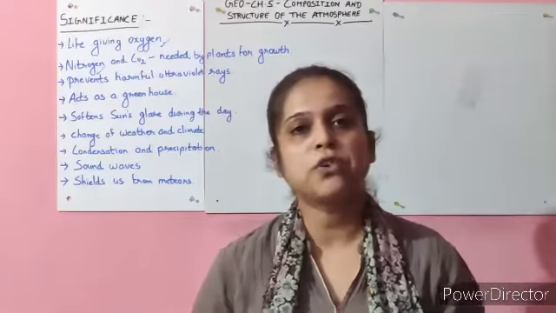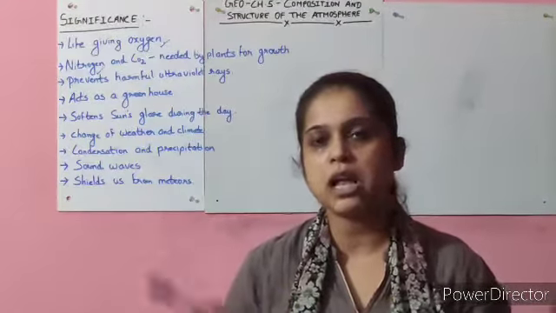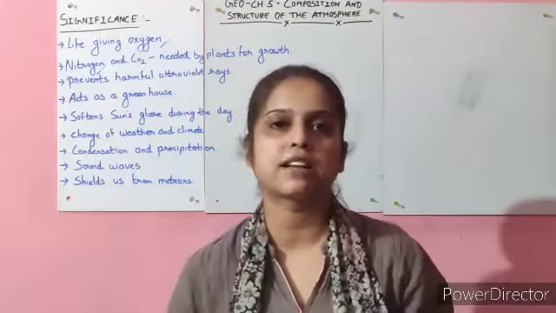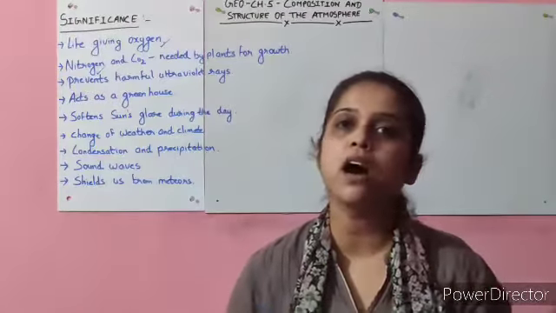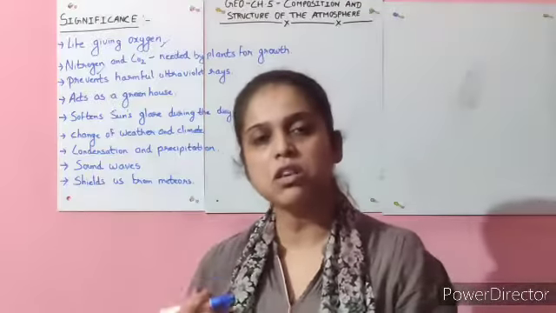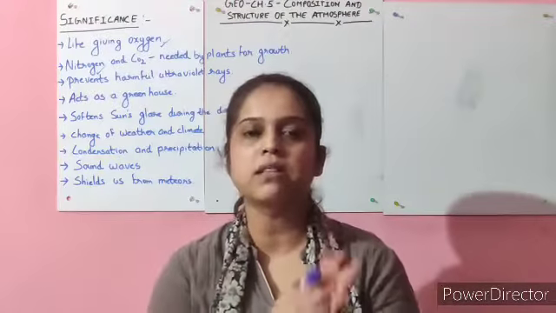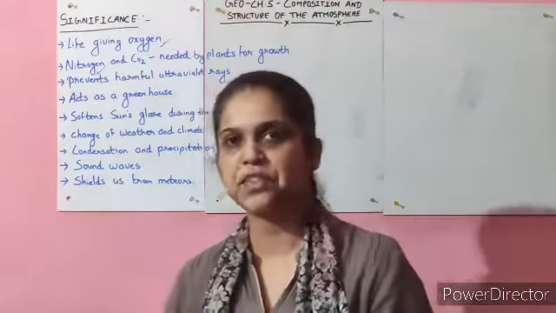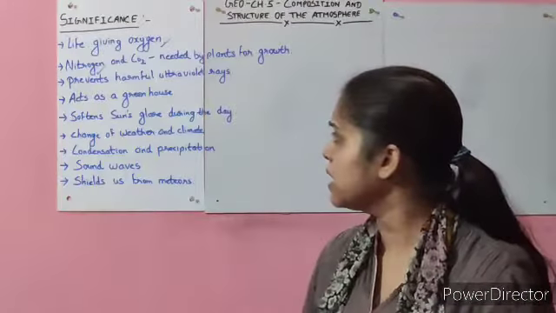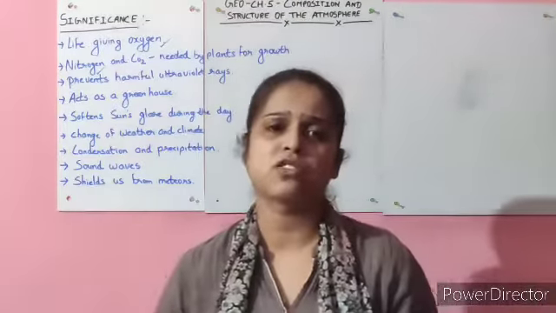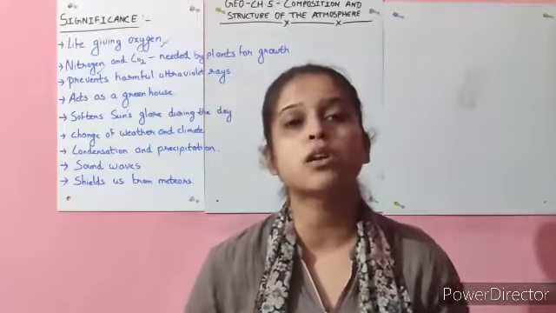If you recall in the troposphere, I told you that all the weather phenomena and activities take place in the troposphere. So this is how the change happens in the weather and the climate. Then condensation and precipitation. You know, in the atmosphere there is water vapor.